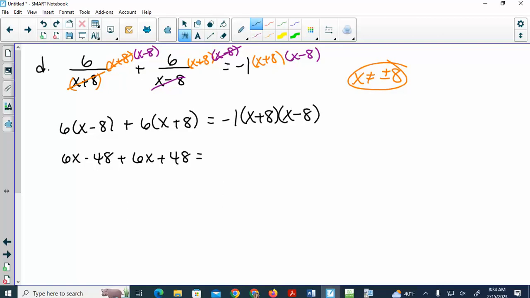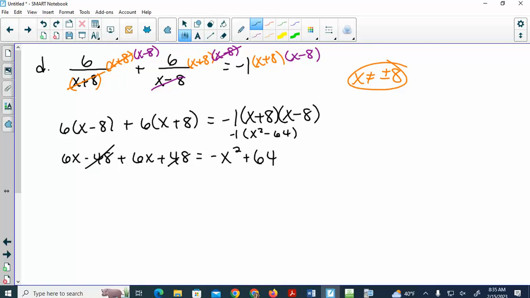Can I FOIL and distribute a negative at the same time? If I FOIL that, you get x squared minus 8x plus 8x cancel, minus 64. So that's a negative x squared. I forgot to bring over my negative. That would do it.